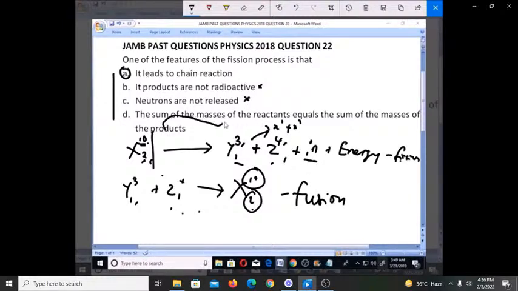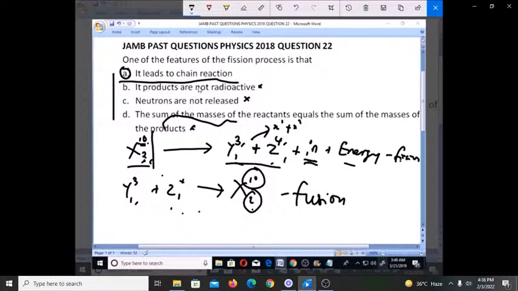Now, the sum of the masses of the reactants equals the sum of the masses of the products. The sum of the masses here is not exactly equal to this because there is the release of other particles like neutrons and there is the formation of energy. So this is not true. It cannot be equal. So from this elimination method, we'll find out that A is the correct answer to this because, like I said, radioactivity leads to chain reaction.